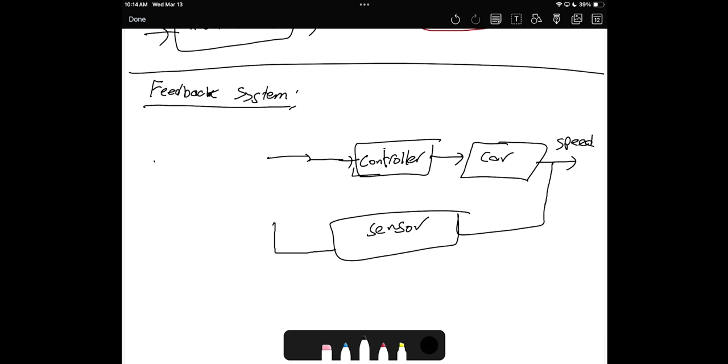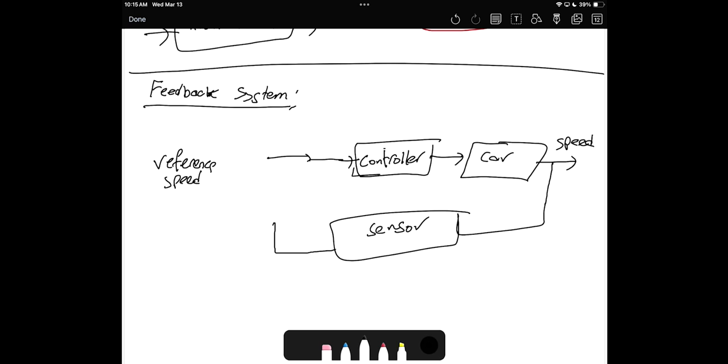That's my reference speed, which is 70 miles per hour. Then you have the speed that you already measured from the sensors, which is 60 miles per hour. So what's the difference? 10 miles per hour. So you need to press more fuel to remove that error, which is 10 miles per hour.